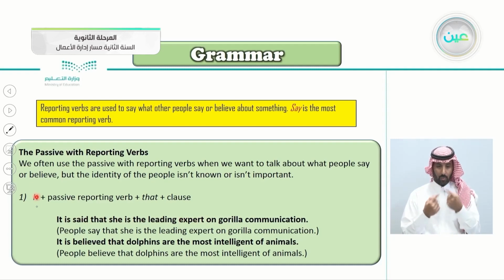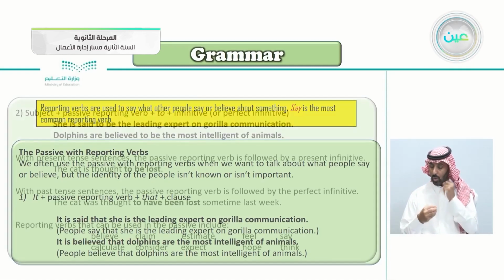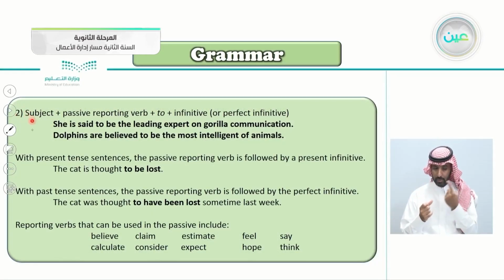So it is, it, then the passive reporting verb said, that, then you continue with the clause: she is the leading expert. It is believed that dolphins are the most intelligent of animals, and so on. In the second structure, you begin with the subject, then the passive reporting verb, then to, then you write the infinitive or the perfect infinitive.